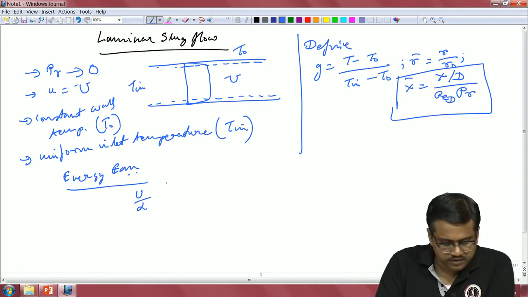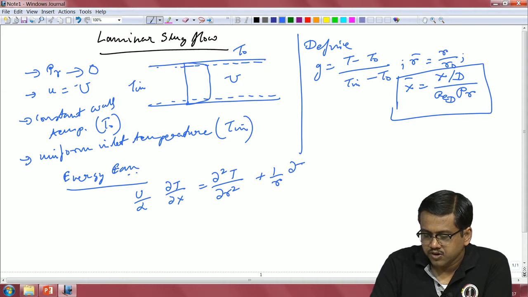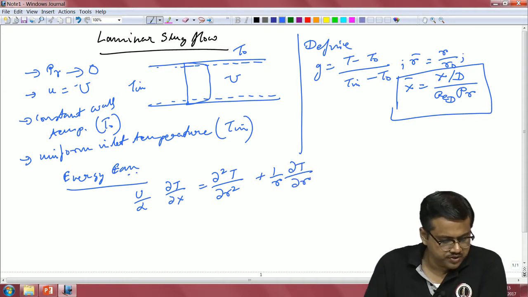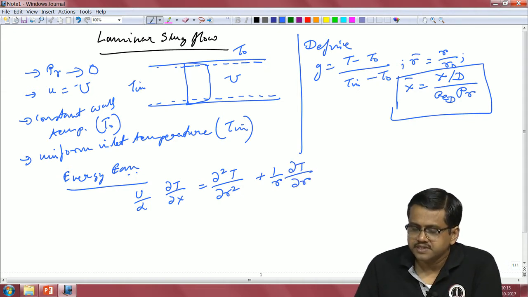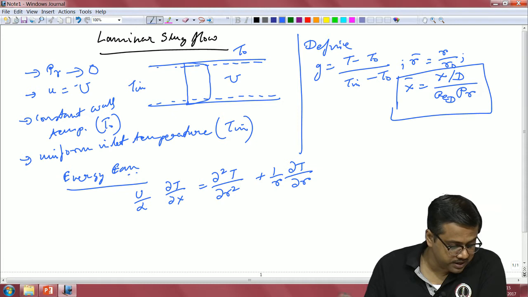will be u by alpha dT by dx, right. That is the standard energy equation that we had, right. Of course, here we are putting u as the velocity instead of the fully developed velocity profile that you had earlier.